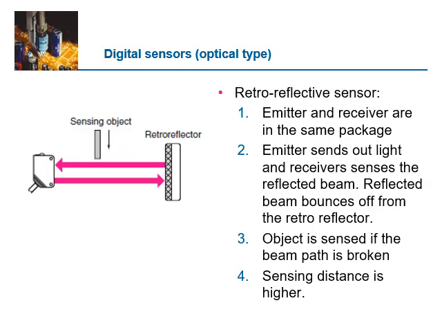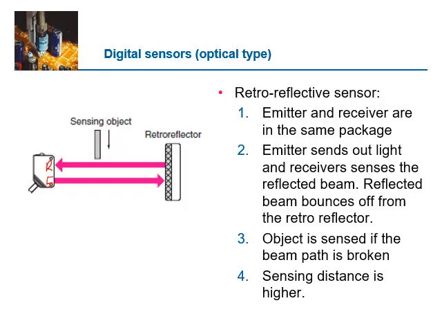Then to increase the distance, you have a retroreflector far away from here, and you have an emitter here. This is the emitter, and this is the receiver here. The light gets reflected from the retroreflector, and if there is an object in between to break this path, then the object will be sensed because the optical path is broken.